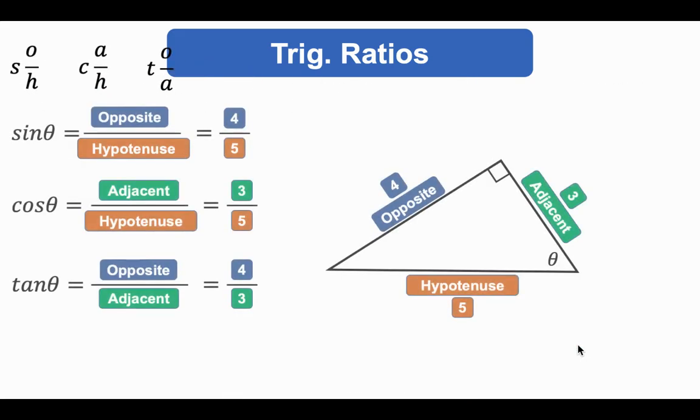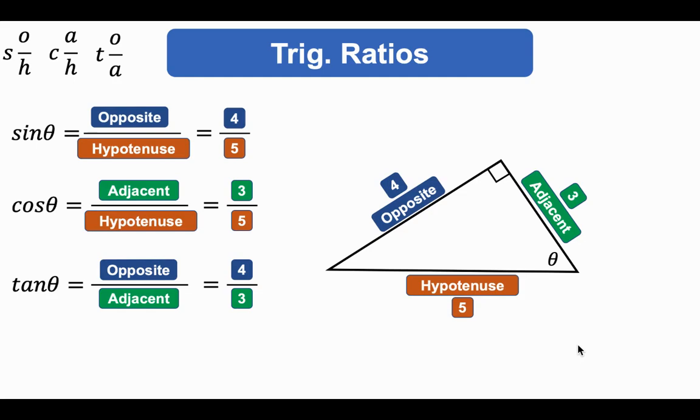So let's practice this. Let's go back to the example that we had. We found sine, cosine, and tangent of this triangle. Let's say we wanted to find cosecant. Cosecant comes from sine, and all you're going to do is flip it. And that's it. Cosecant is 5/4. Same thing with cosine.